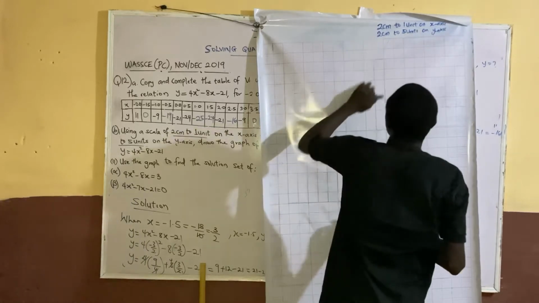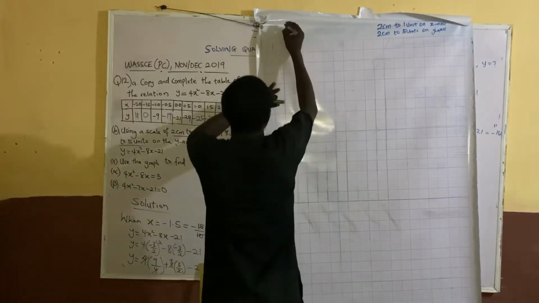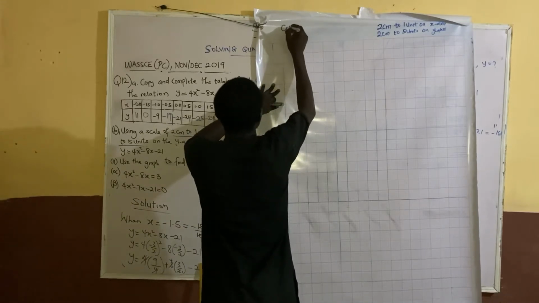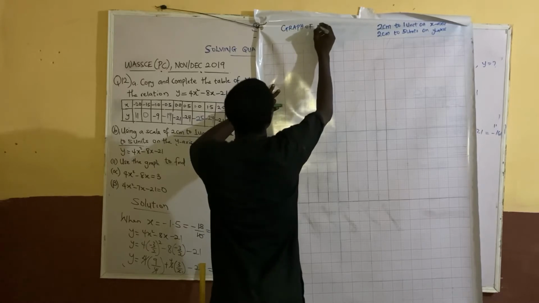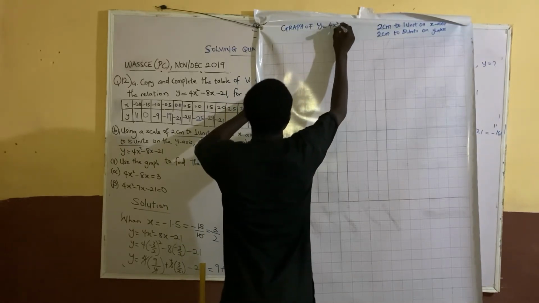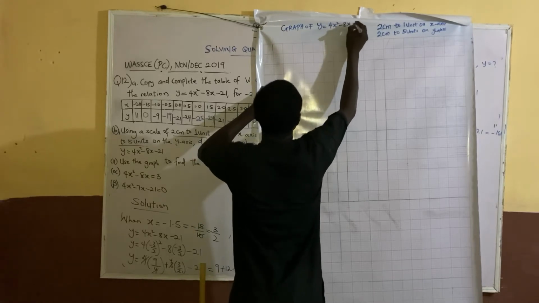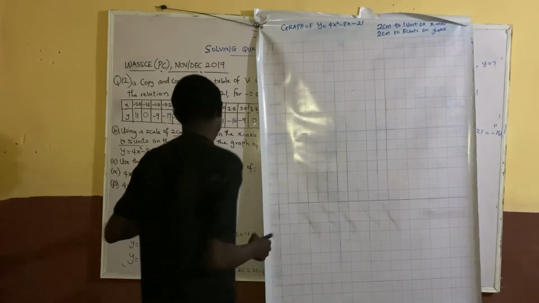So that's that. The next thing is draw the graph. The title of the graph is very important: the title of the graph of y equals 4x squared minus 8x minus 21.